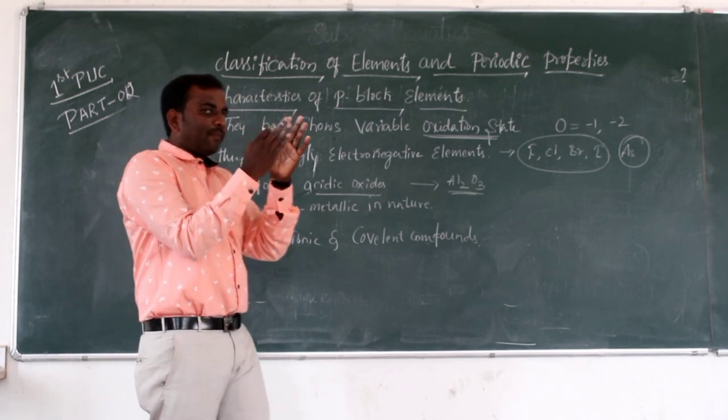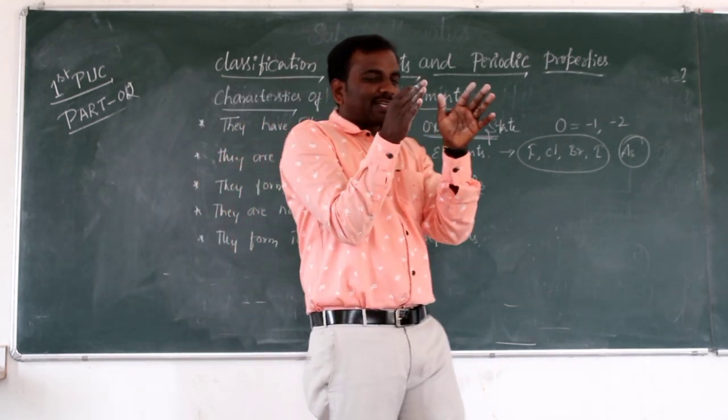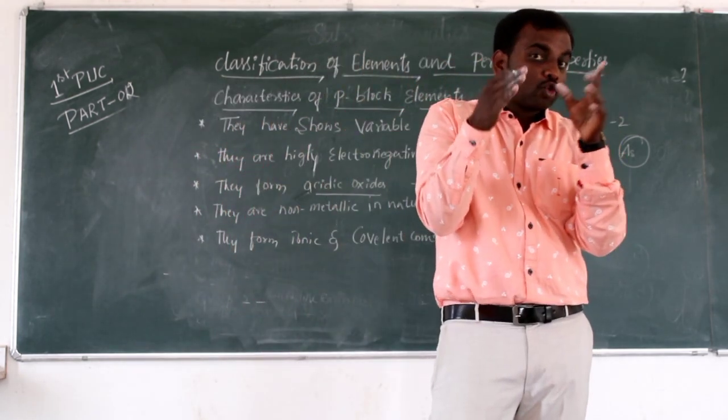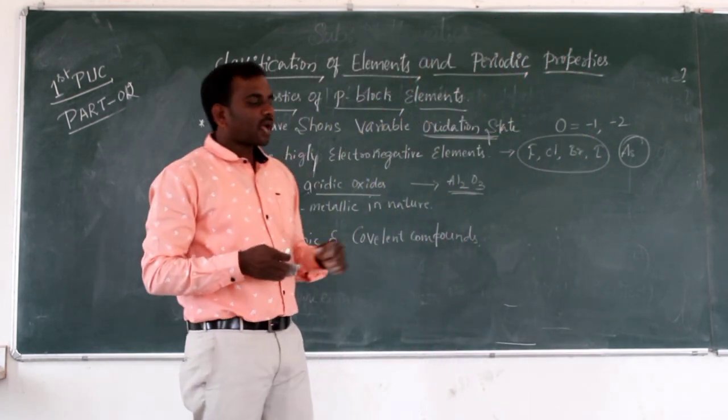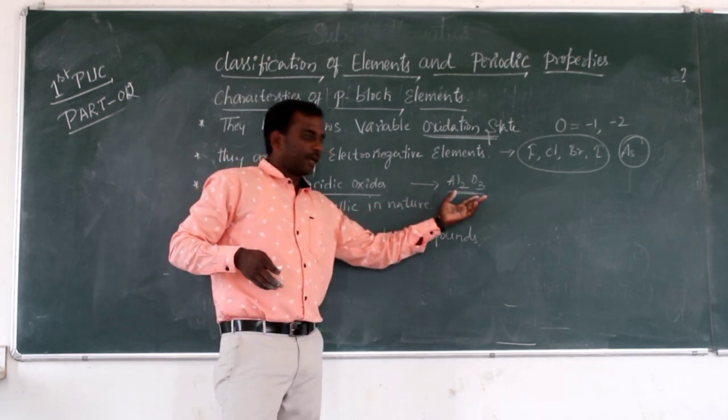One element combines with another element or atom to form oxides. Aluminium trioxide is the example we give.